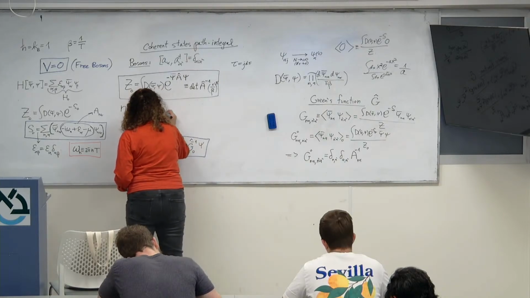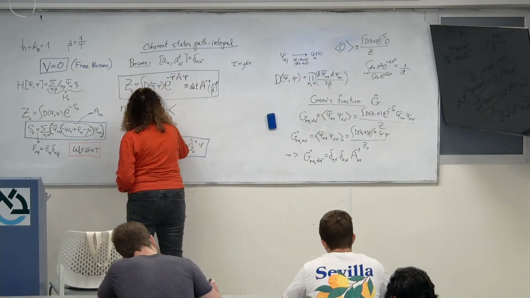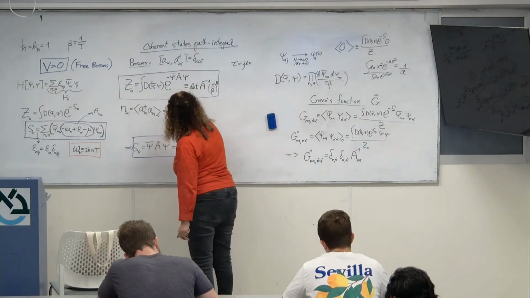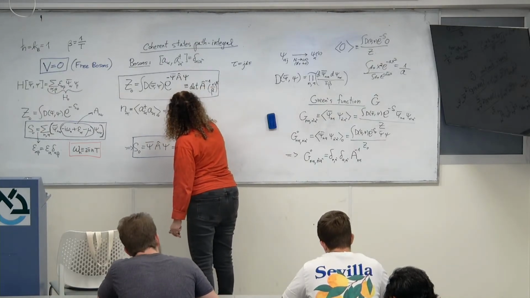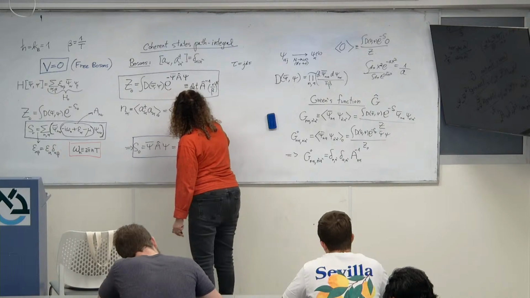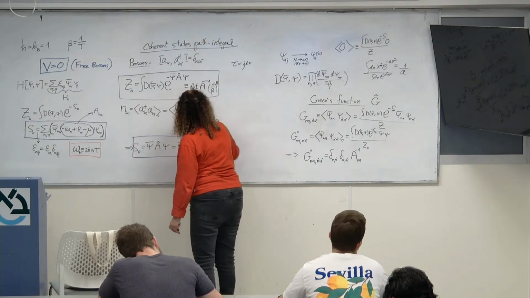So using path integral notation, here I forgot to put the 0. So in the path integral notation, I have to write it as something like that. Sorry, this is alpha.